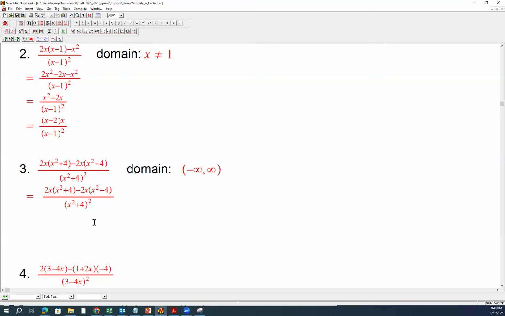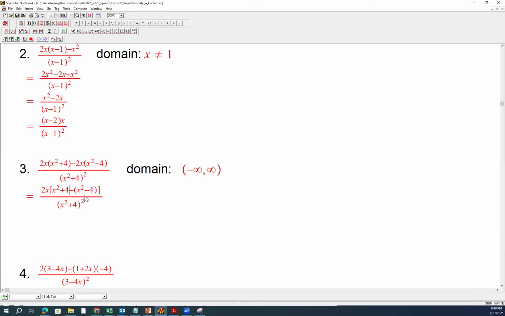To simplify expressions like this, you don't have to be so stuck on one way. You can be flexible. For example, in this case, I've got that piece and I've got that piece. I'm actually going to factor out the 2x. So 2x is being factored out. And inside the bracket, I can remove this parentheses.